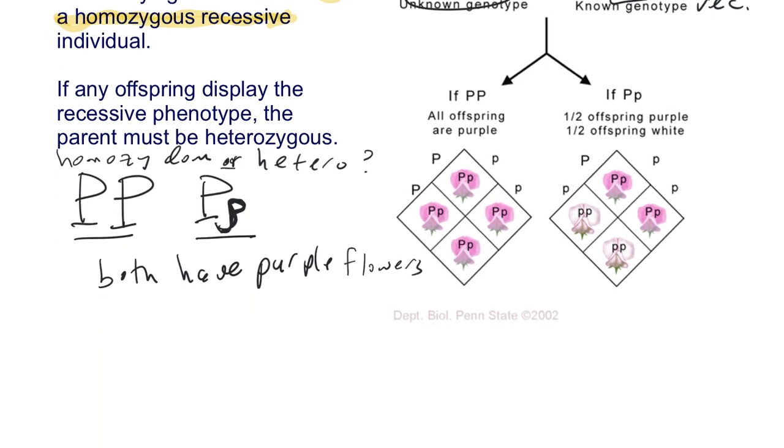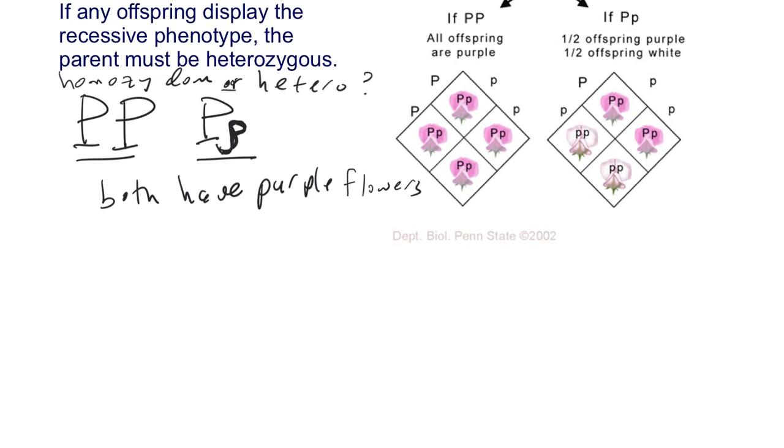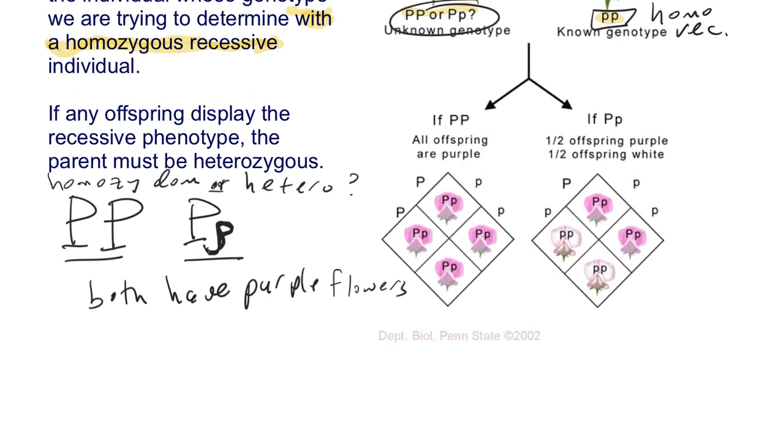Always. They make these Punnett squares kind of at a diagonal, which is kind of weird. So when they cross big P with little p, you'll get these ratios. When you do big P, little p, with a cross little p, you'll get these ratios.